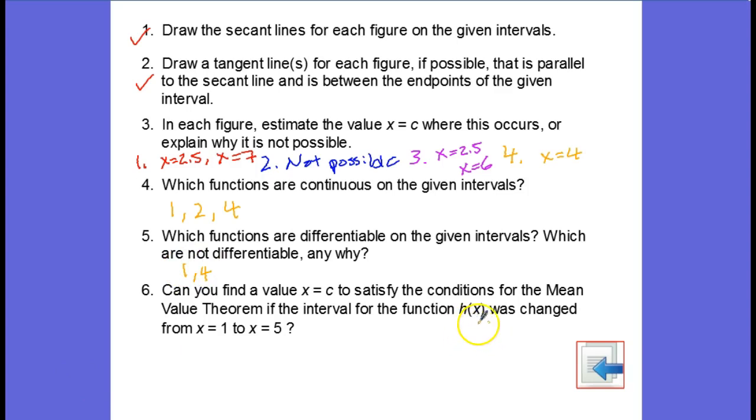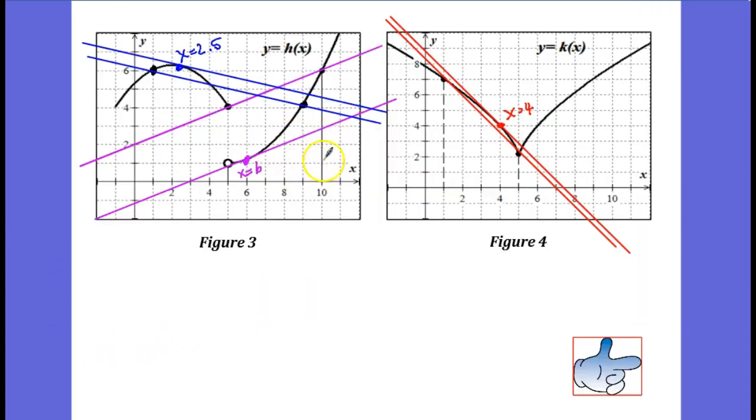So now they tell us to take a look at h of x, and they want us to change the interval from 1 to 5, and they want to know if we can find an x equals c that will satisfy the mean value theorem. Let's take a look. So here we have our function h of x, and changing our interval from 1 to 5.